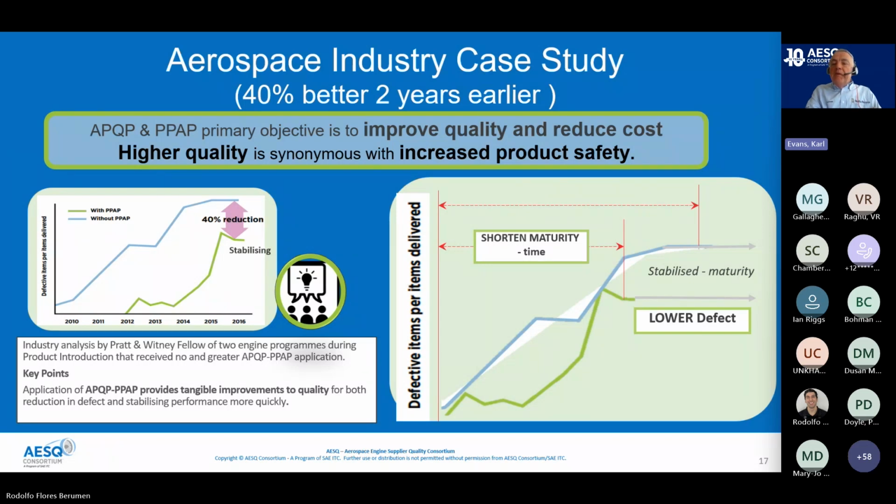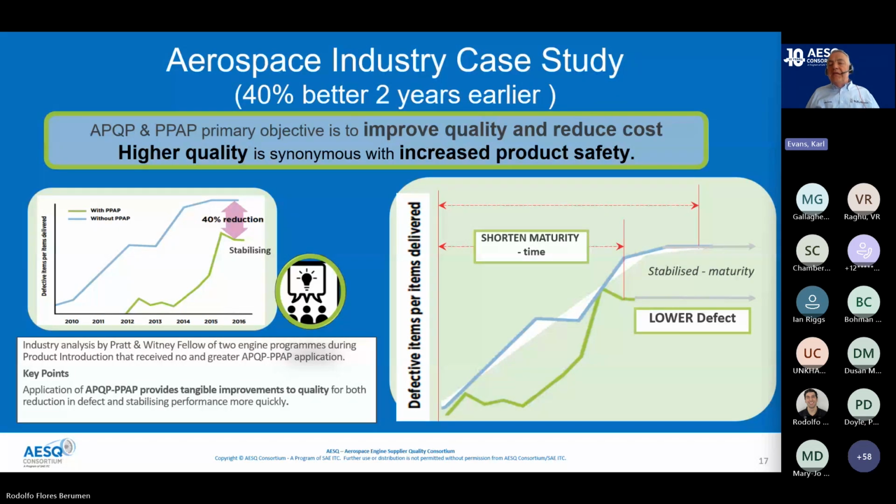What I mean by that is, if plotting the actual numbers of defects on the different engine programs, at the point of stabilizing is the time relationship, and the difference is the level of lowering of defects.